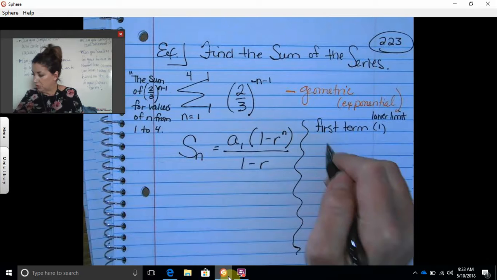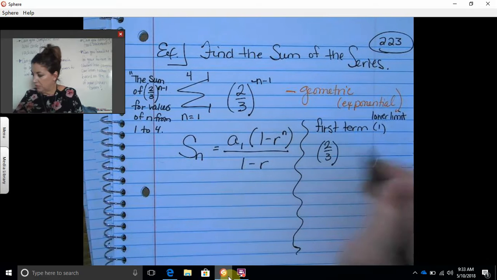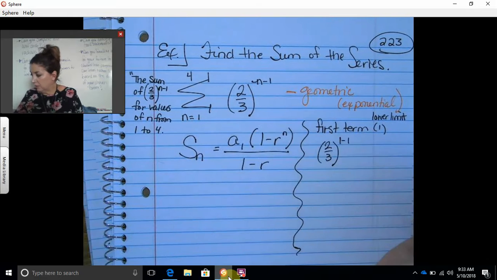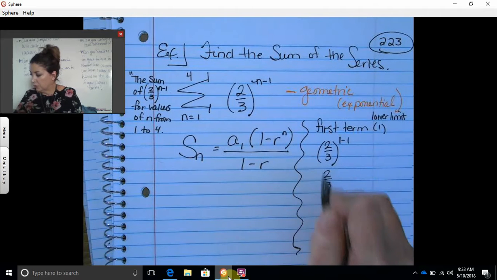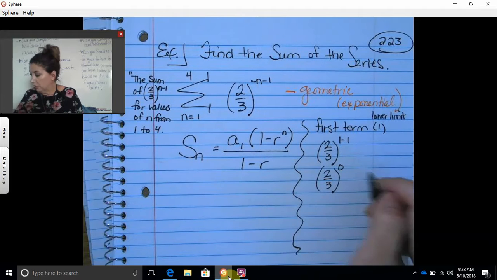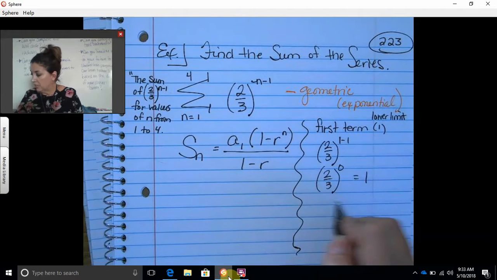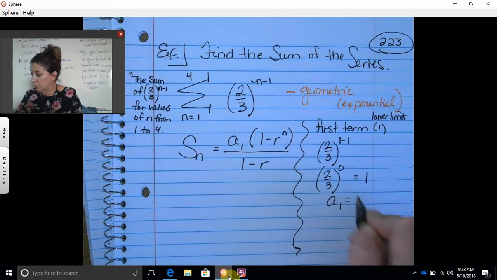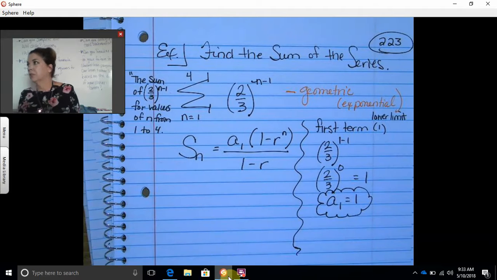So that would be 2/3 raised to the 1 minus 1, which is 2/3 raised to the 0, which is 1. So basically our a sub 1 is 1. Well, that's easy enough. Even if I would have converted that to a decimal, 0.6 repeating or 0.67 raised to the 0, I'd still get 1.